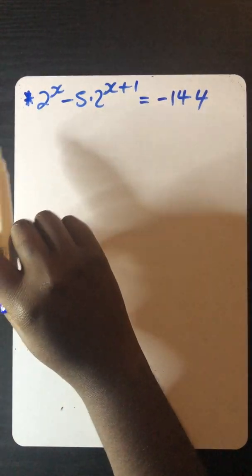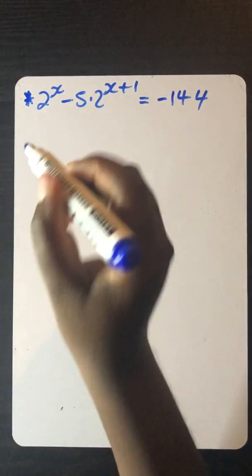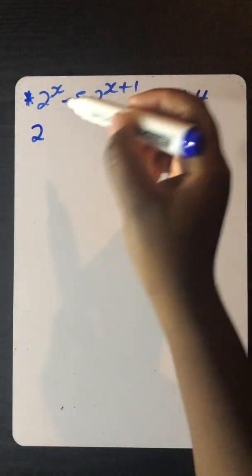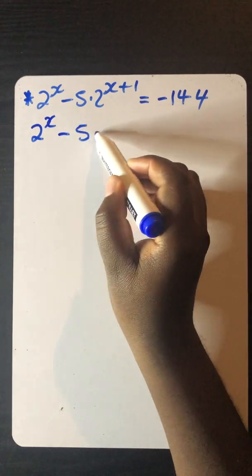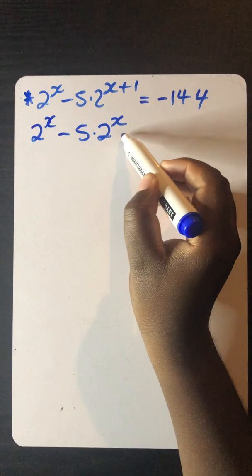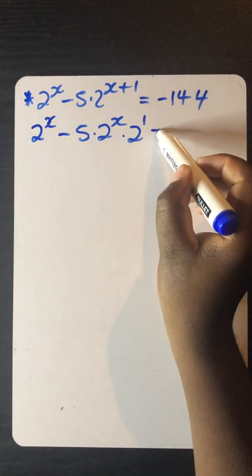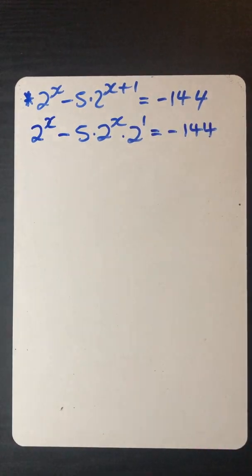We can expand or separate that 2 to the exponent x plus 1. So our first step: 2 to the exponent x minus 5 multiplied by 2 to the exponent x multiplied by 2 to the exponent 1, it's equated to that.